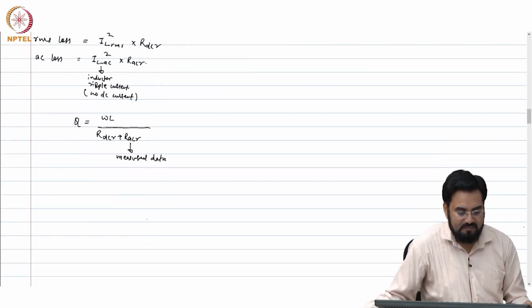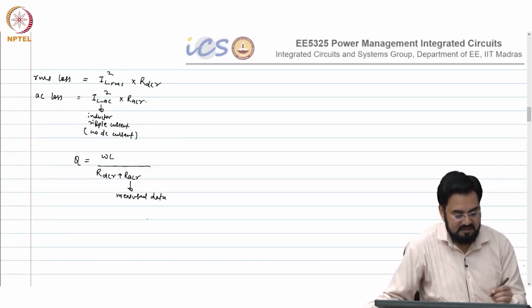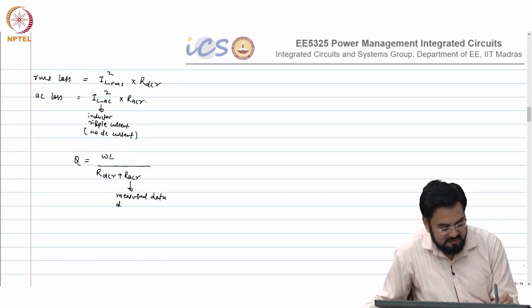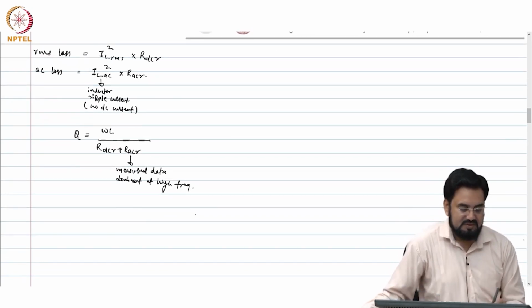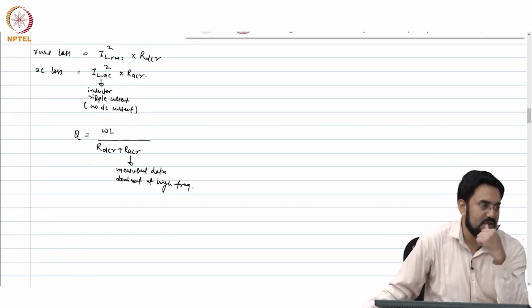And these are dominant at high frequency. Some data sheets may give you the Q actually.